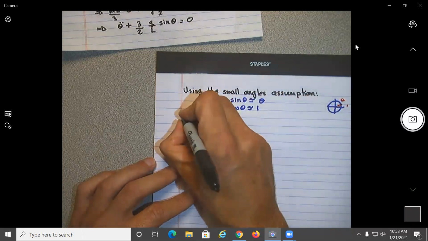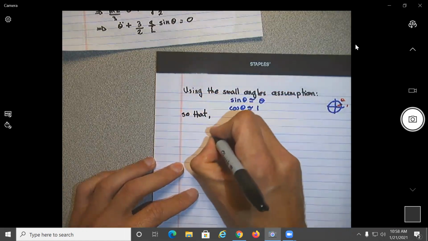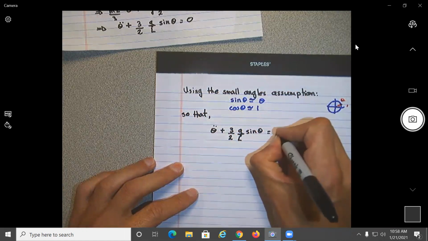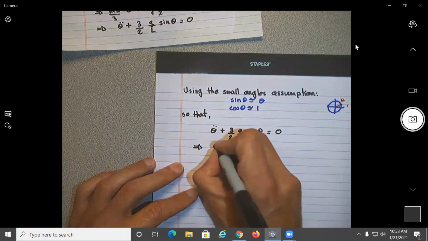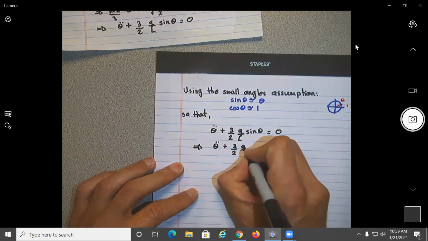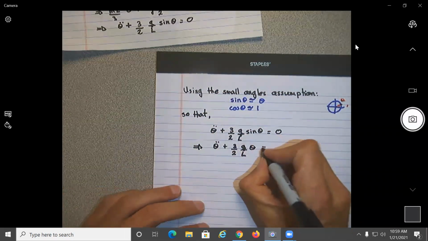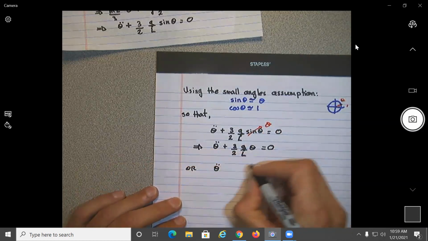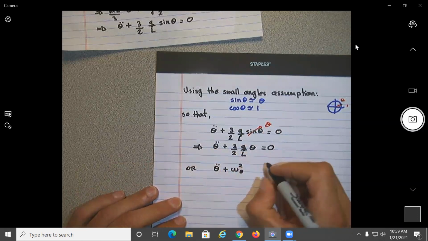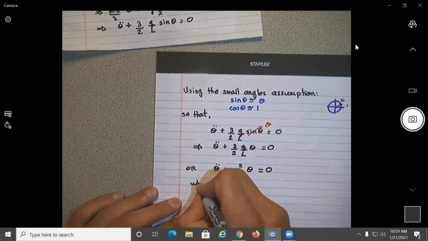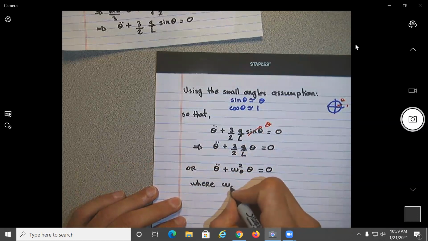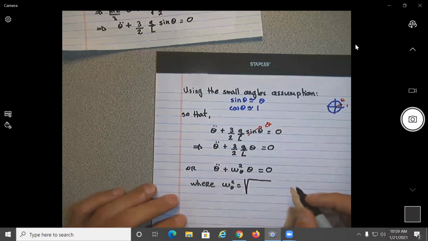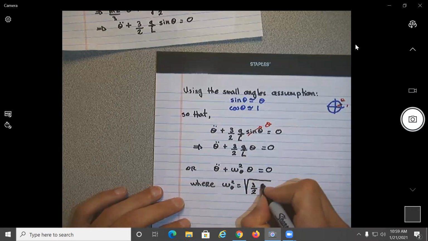So in that case, the equation theta double dot plus 3/2 g over L sine theta equal to 0 becomes theta double dot plus 3/2 g over L theta equal to 0, or theta double dot plus omega n squared theta equal to 0, where omega n squared is equal to 3/2 of g over L.